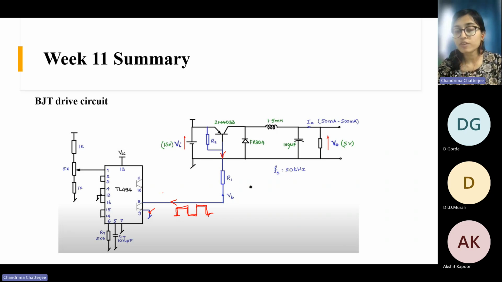Based on the on and off condition of these two devices, the base current will flow, or the path can be opened or shorted for the base current to flow. This is a typical buck converter, which you can take as an example. This is for practical implementation. If you want to practically design a circuit, you will have to use all these components.